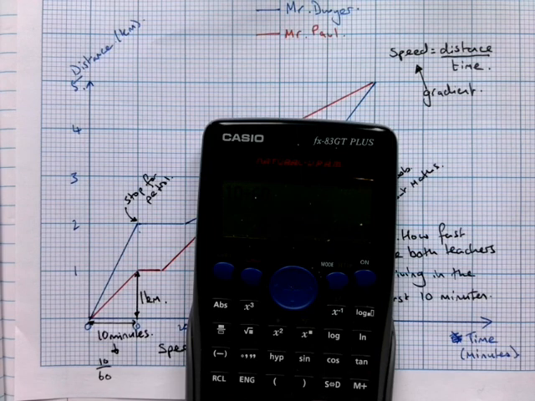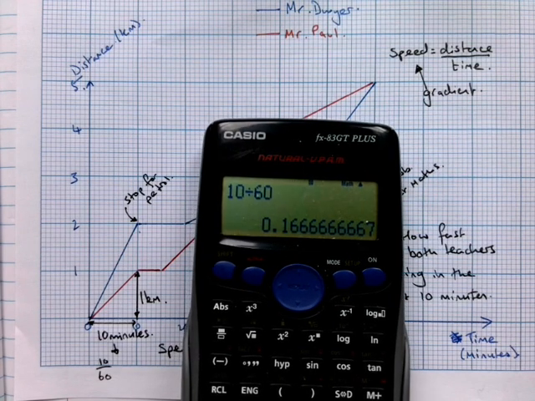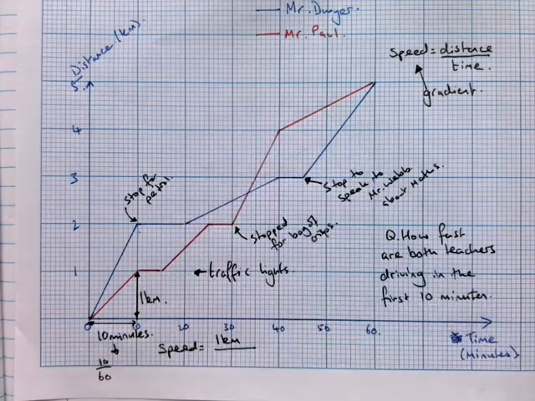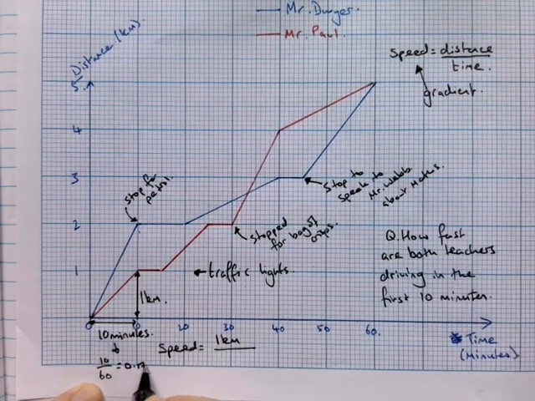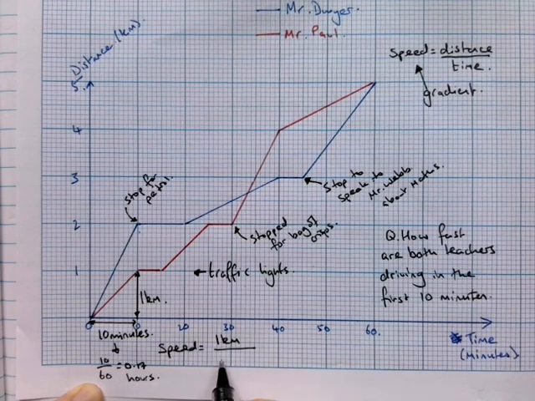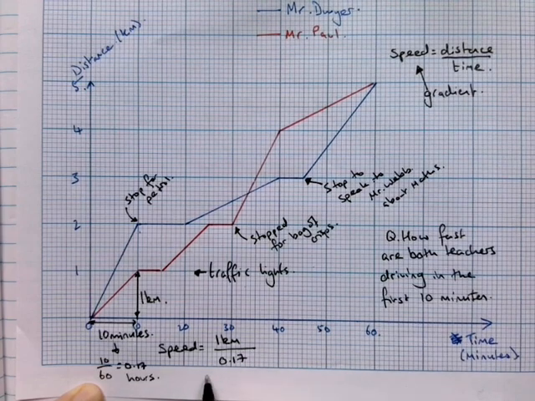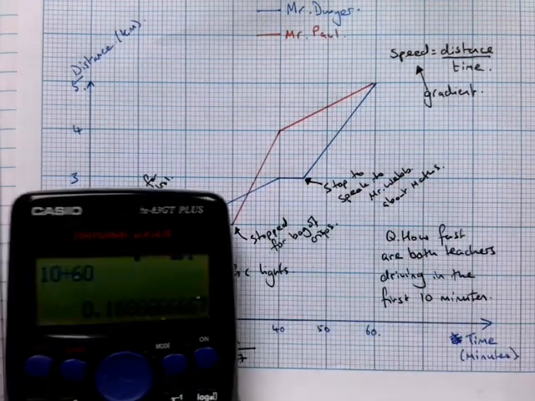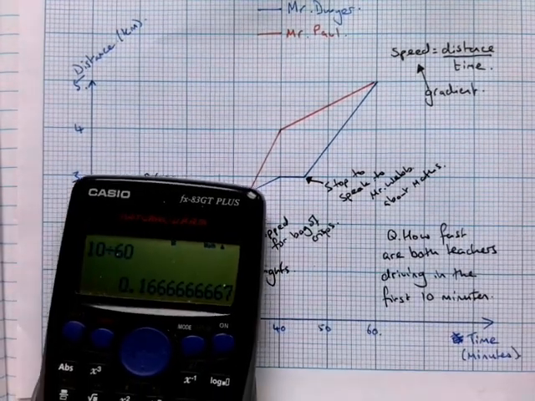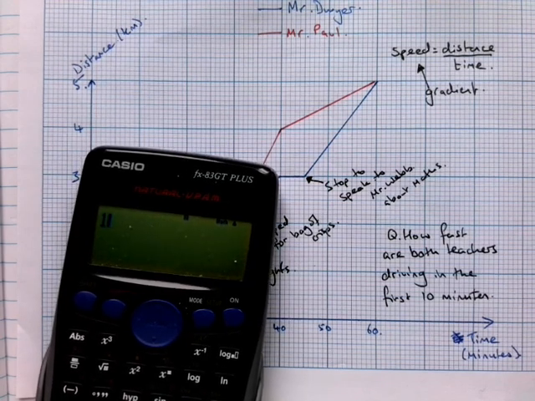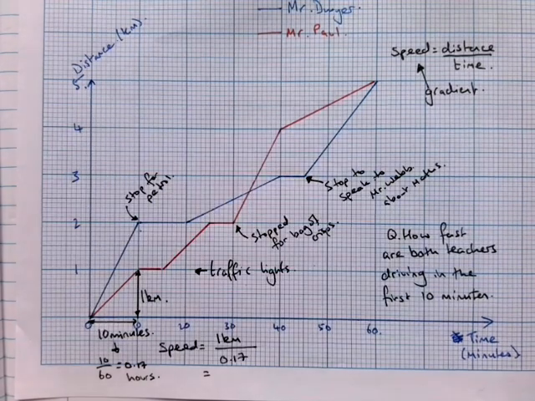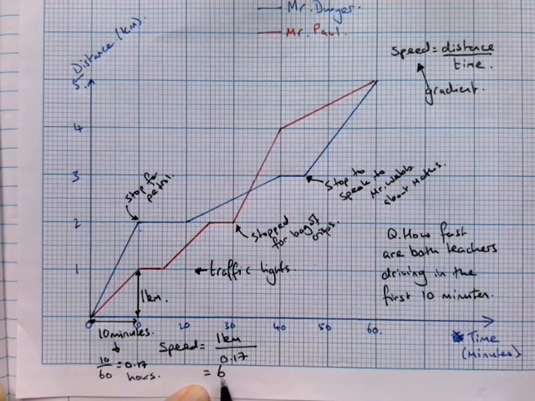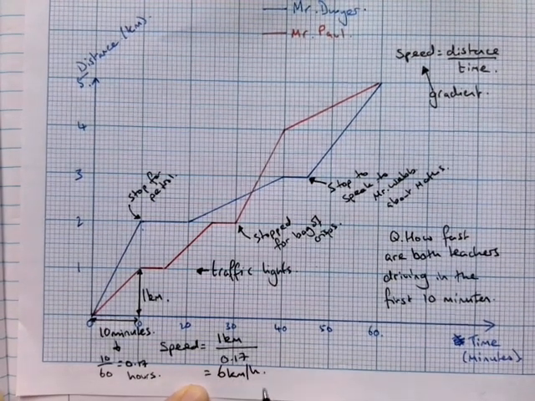So it is 0.17. If I do that calculation now, it is 1 divided by that number, I get 6 kilometers per hour. Very safe driver.